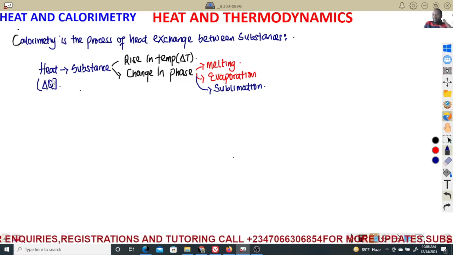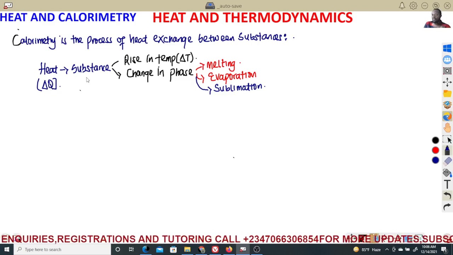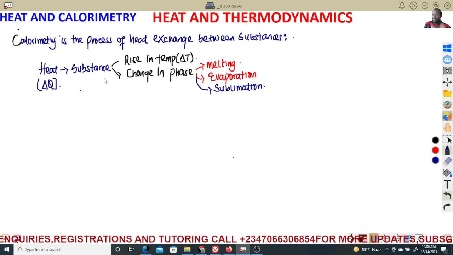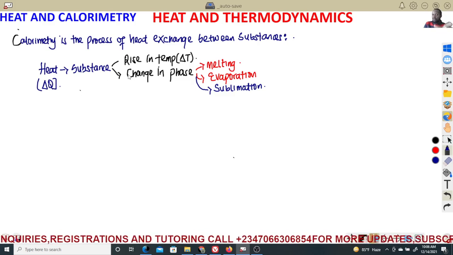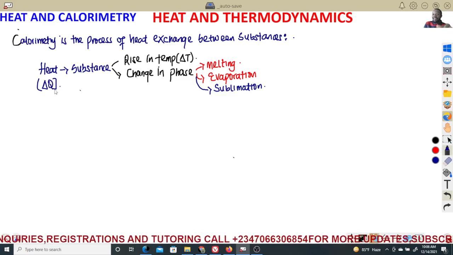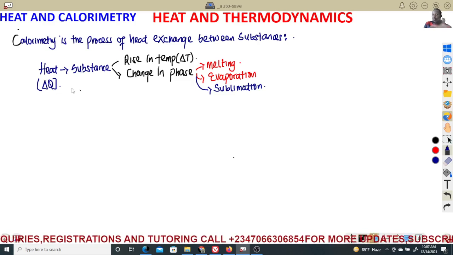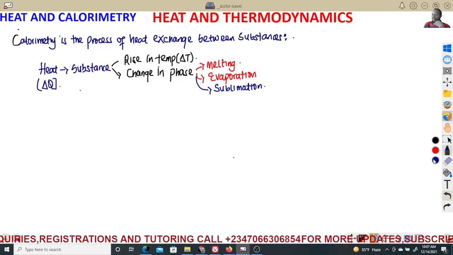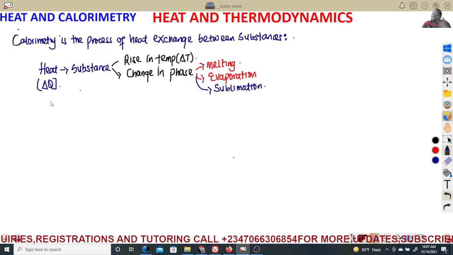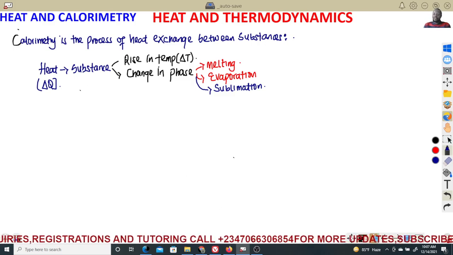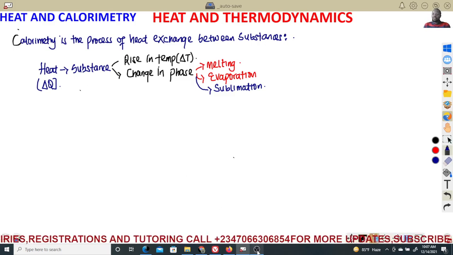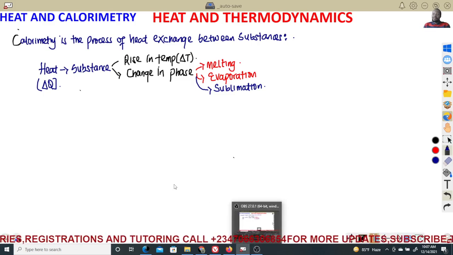Now, if an amount of heat delta Q is supplied to a substance, and there is a change in temperature and also a change in phase, then the mathematical interpretation, the way we write in physics, everything is about formulas and interpretation of formulas, which we need to always keep at the back of our mind. Very important.